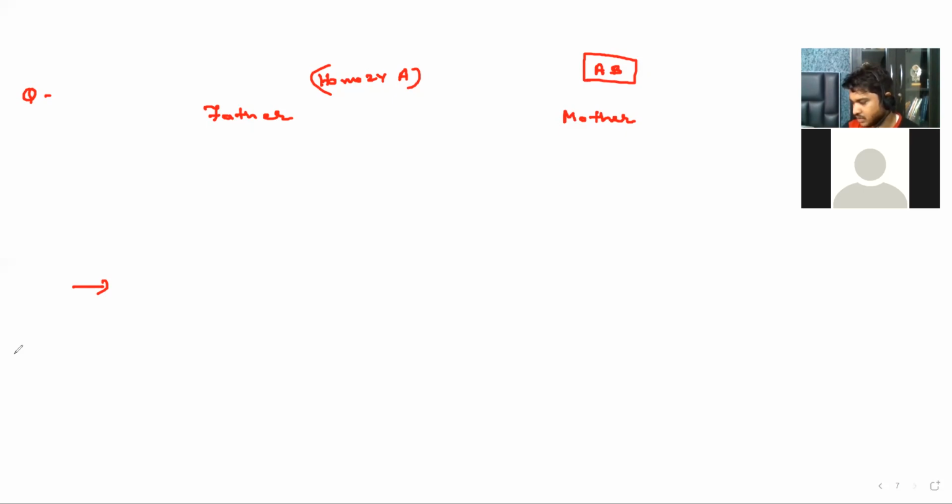So one is A blood group, and that's homozygous. Another one is AB blood group. Father is blood group A, so this simply means IA IA, homozygous, right?